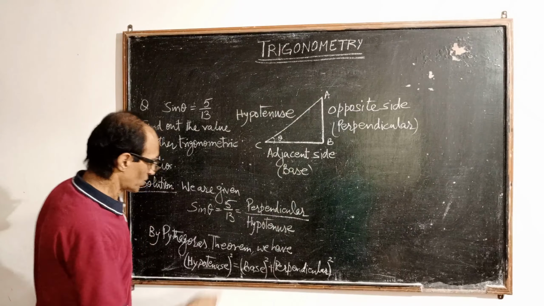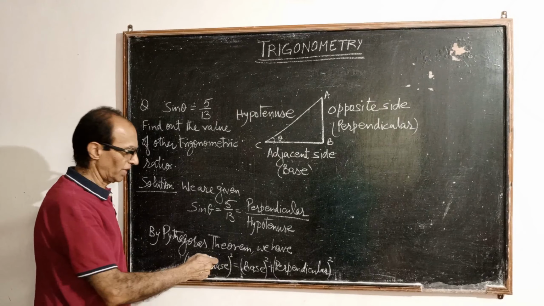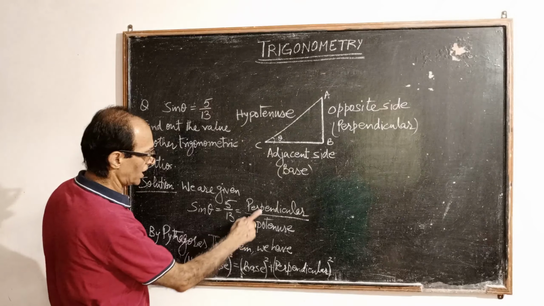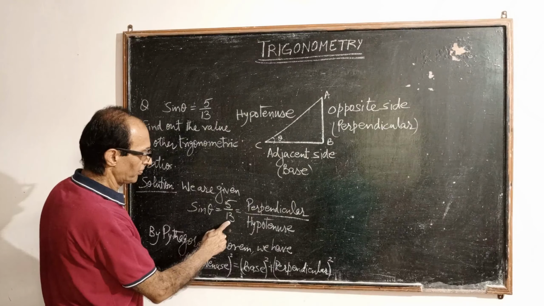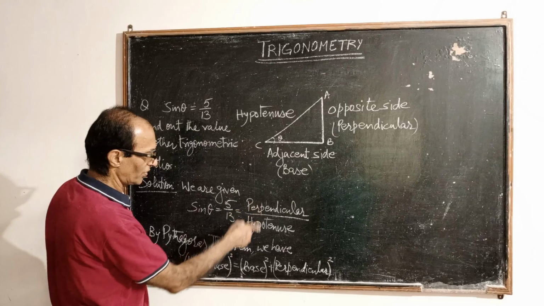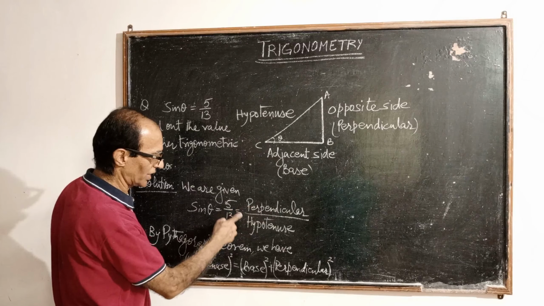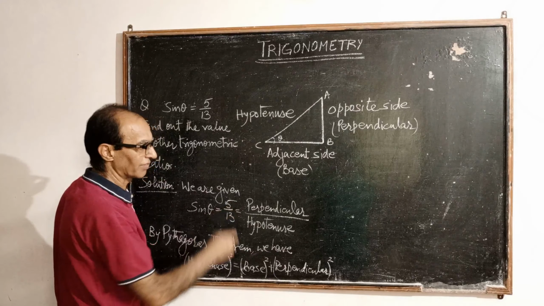Now we are going to substitute the values and we get hypotenuse is 13, base we are not having any value here, perpendicular is 5.